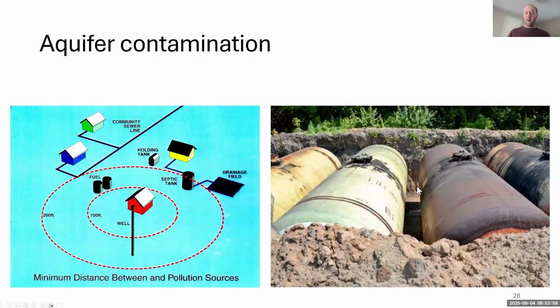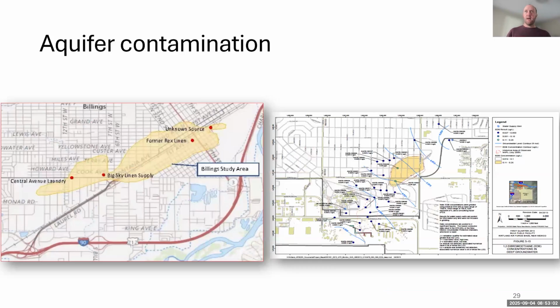This is just what some maybe corroding underground storage tanks would look like. And then just some examples of where I live. This is in Billings. This is a toxic plume of contaminants, some chemical contaminant from dry cleaners.